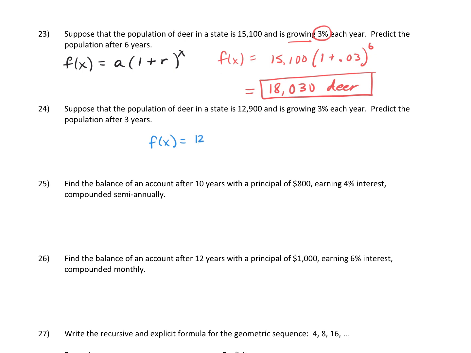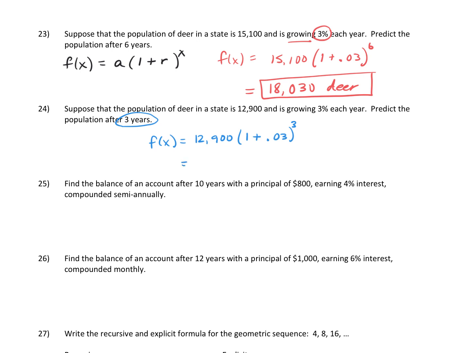Our A value is our starting amount, so we're talking deer. Starting population is 12,900. Inside the parentheses will be 1 plus because it's a growth, and then 3% as a decimal is 0.03. We're going to raise that to the power of 3 because we want to know how many deer we'll have after 3 years.